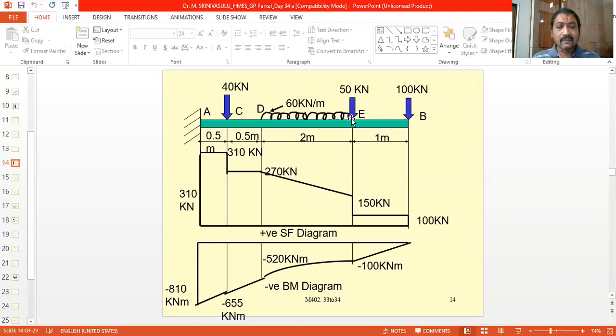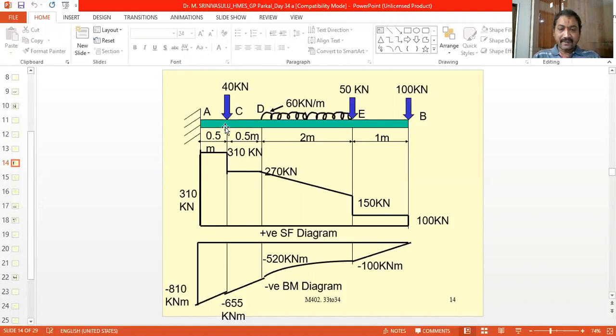Here, first of all, for this also we know very well that for the cantilever, generally the shear force will be positive. So all the figure will come over the zero line, and the bending moment will be negative. So all the things will come under the zero line. So that's why we have to draw the zero lines.